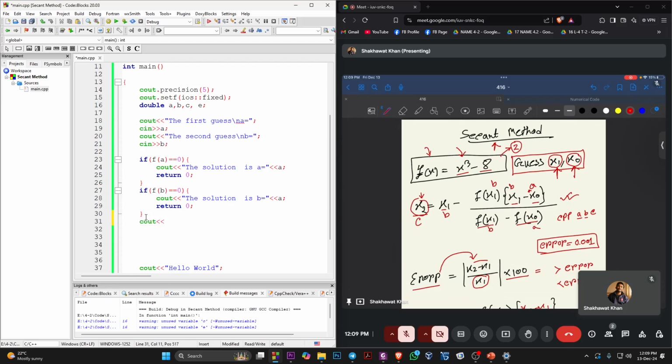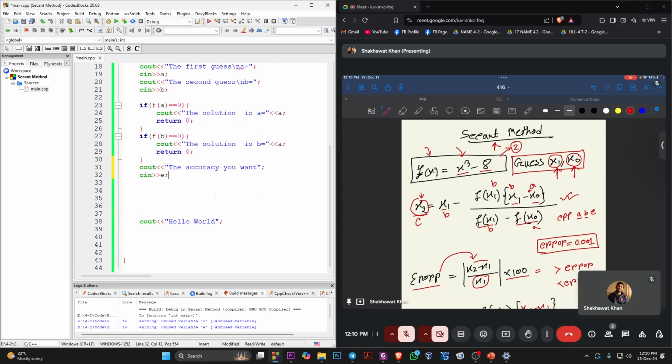So first of all, I would have to get the accuracy we want, and I'm taking it, say in E, that E is our accuracy. So now I would like to draw a chart in my program.